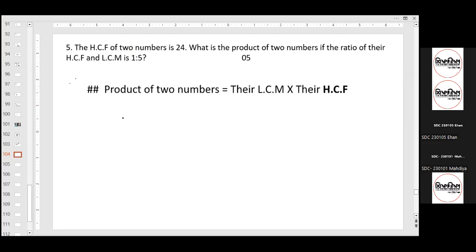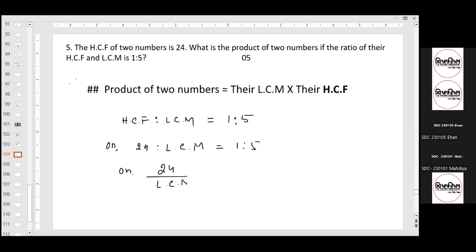HCF ratio LCM is equal to 1:5, right? Or 24 ratio LCM is equal to 1:5, or 24 over LCM is equal to 1 over 5.